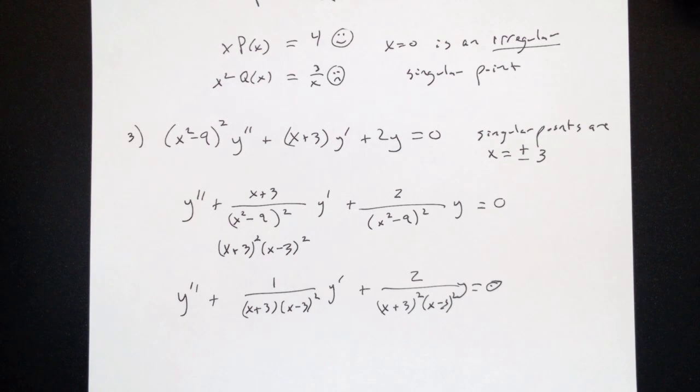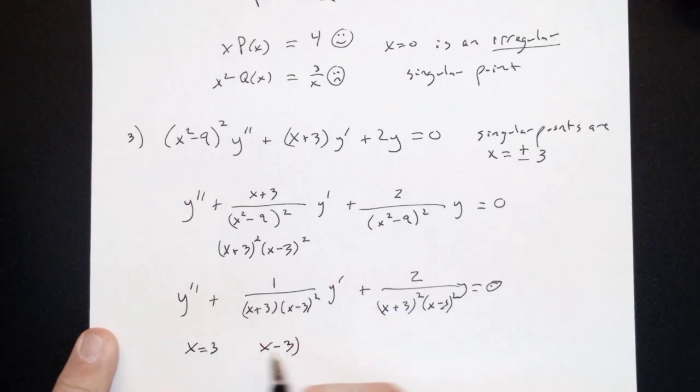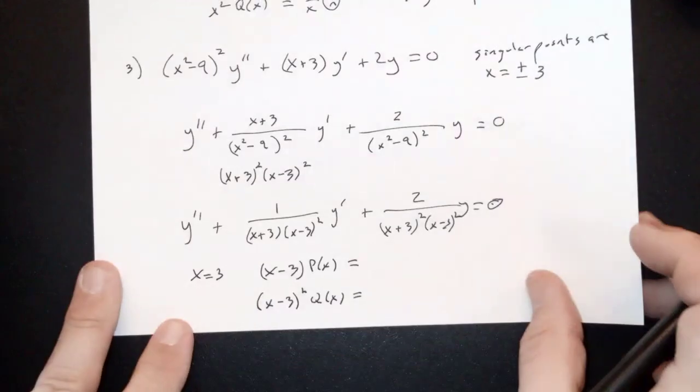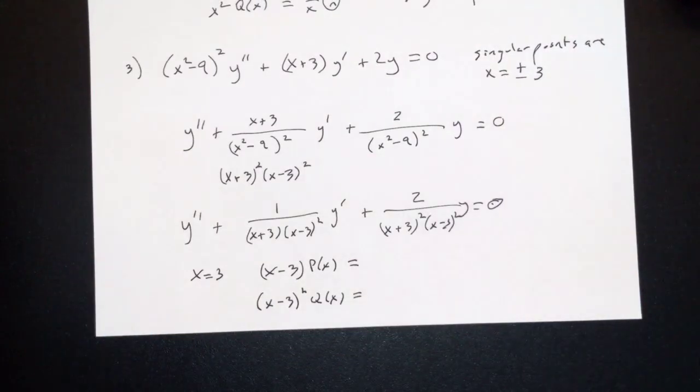3? Okay. If I'm going to do 3 first, I need to multiply by x minus 3 here and by x minus 3 squared here. So when I'm looking at x equals 3, it's x minus 3 times p of x, and x minus 3 squared times q of x. What do I get?